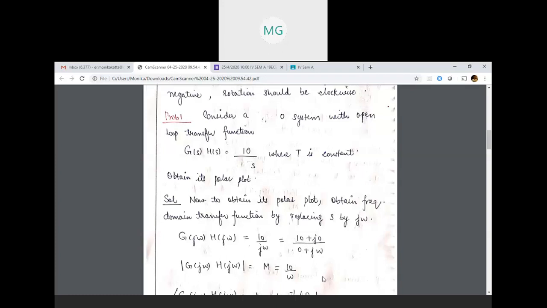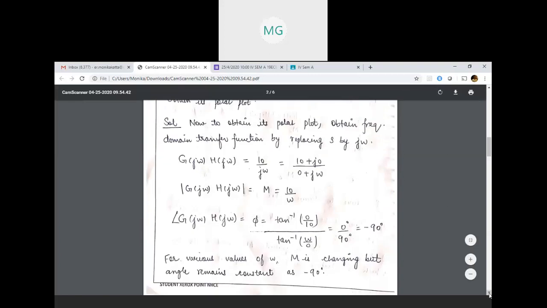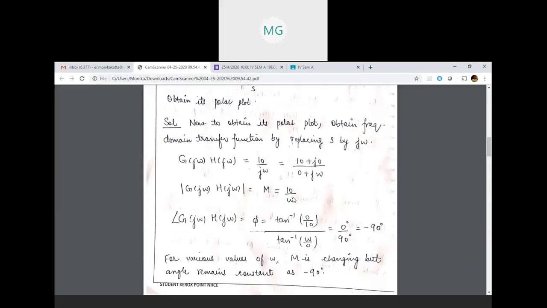Then you have to find the magnitude of G(j omega) H(j omega). How will you find the magnitude? It is capital M, which equals 10 by omega. And how will you find the angle?